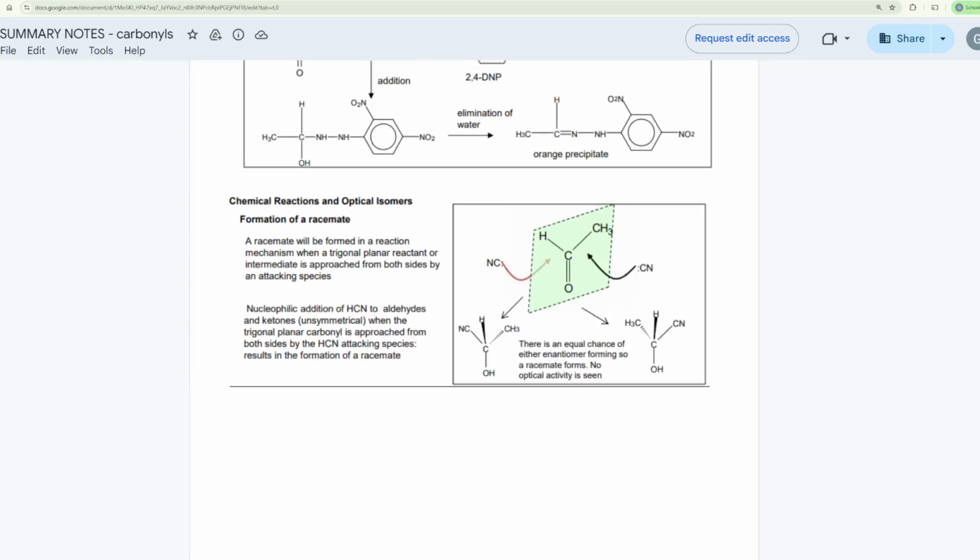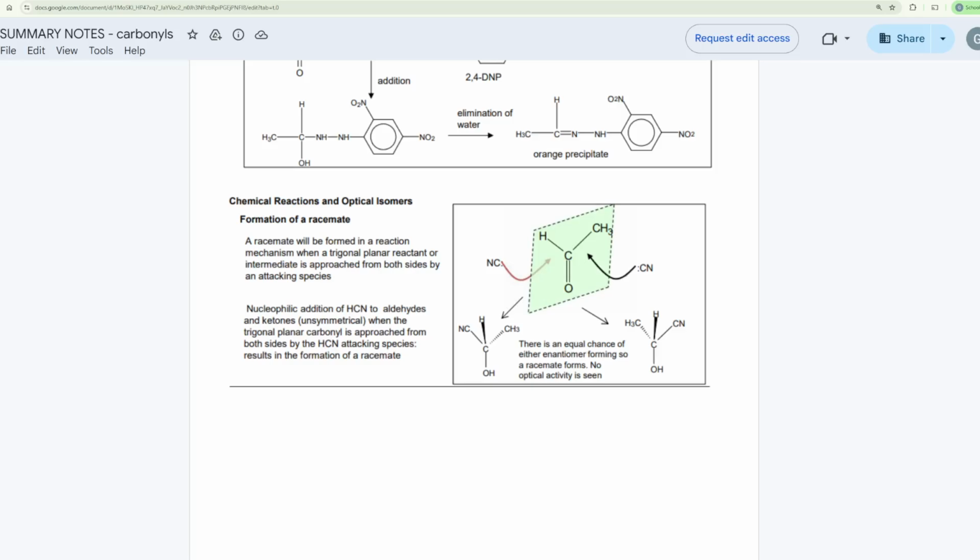Okay, chemical reactions and optical isomers. Formation of a racemate. A racemate will be formed in a reaction mechanism where a trigonal planar reactant intermediate is approached from both sides by an attacking species. An example is the addition of HCN to aldehydes and ketones. Unsymmetrical when a trigonal planar carbonyl is approached from both sides by the HCN attacking species, this results in the formation of a racemate.